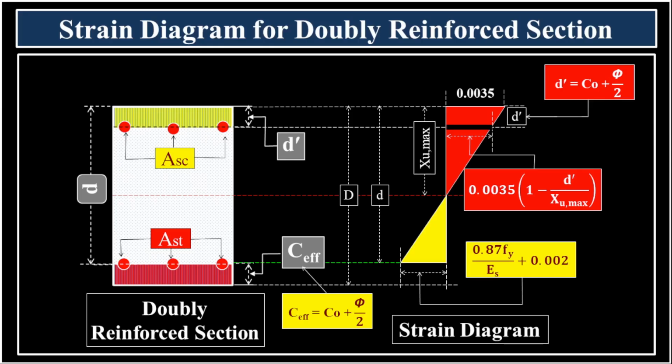The strain at the level of the tension reinforcement is 0.87 times Fy divided by Es, plus 0.002. As we've already discussed, xu max represents the maximum depth of the neutral axis from the extreme compression fiber, and the strain at this neutral axis is 0.